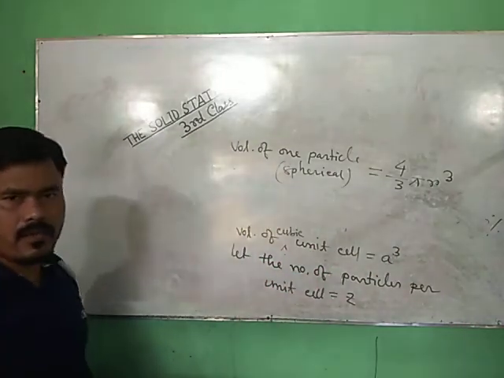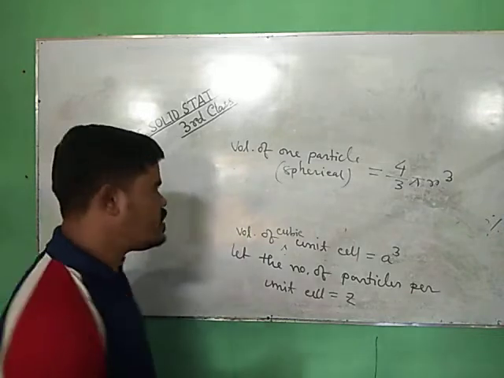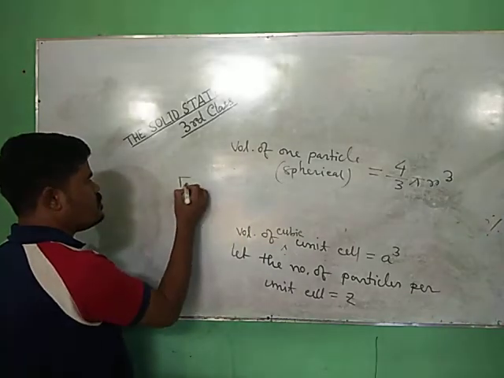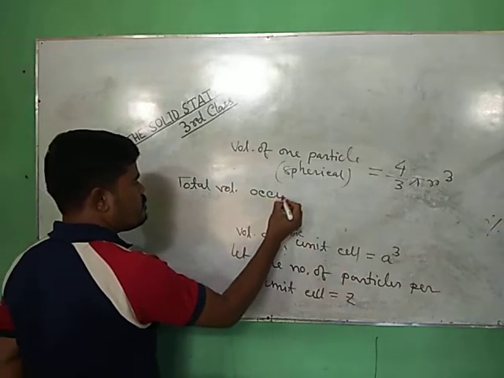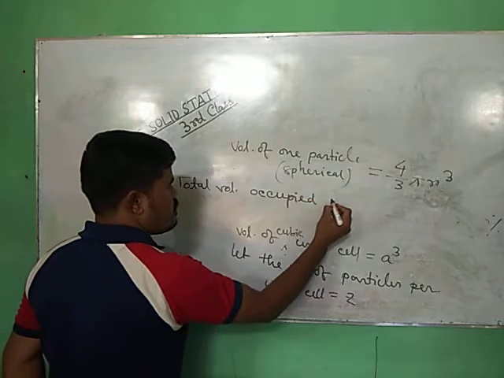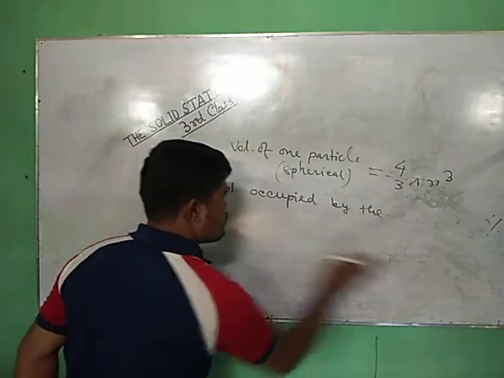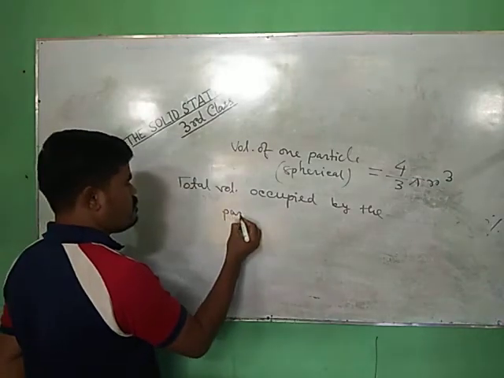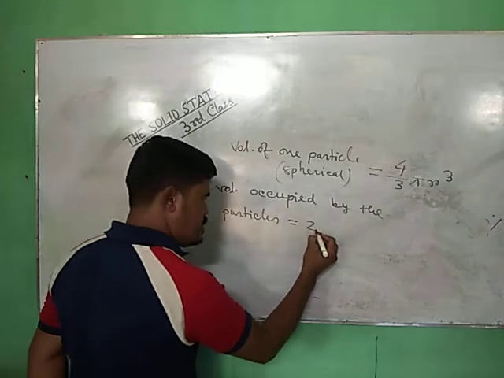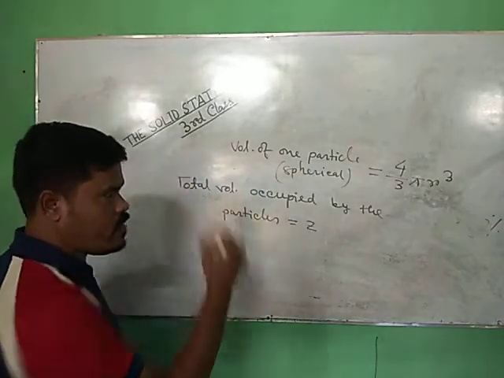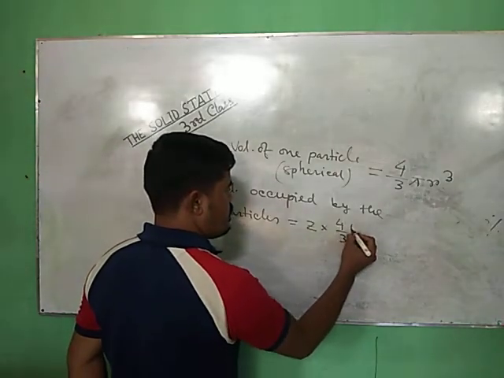Since the unit cell contains Z number of spherical particles, the total volume occupied by the particles will be Z into 4/3 pi r cube.